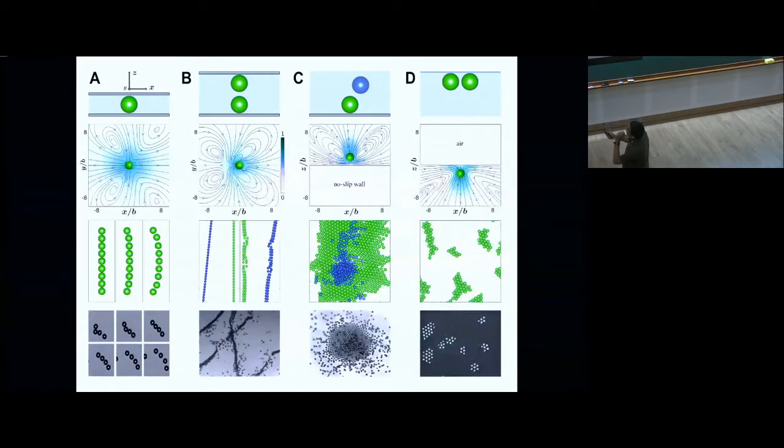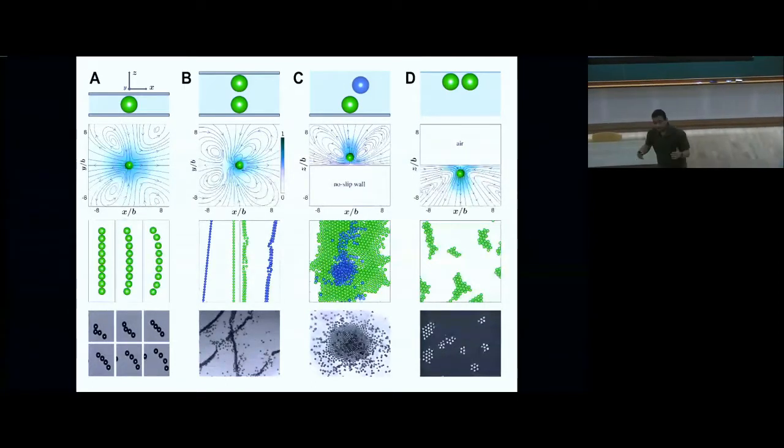Which allows us to do experiments like this, where we have a wall and a bulk fluid and ask what happens. And so very quickly, if you take these swimmers in a Hele-Shaw geometry where the confinement is very narrow, these guys start to form these lines which are unstable to a splay-like deformation, which then breaks. So in a population of these swimmers, you constantly get the formation and the breaking up of these lines.